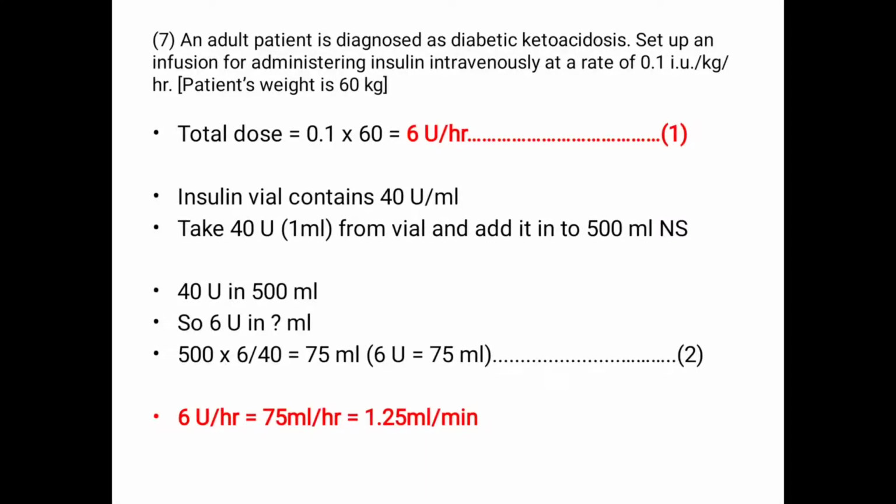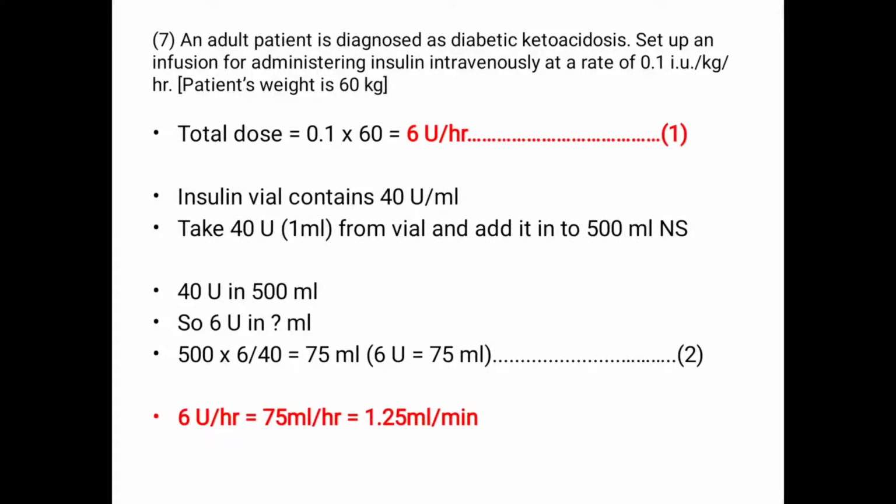So 40 units in 500 ml. Okay, 40 units in 500 ml. So 6 units in how many ml? So 500 into 6 divided by 40. By cross multiplying, we get our answer, that is 75 ml.